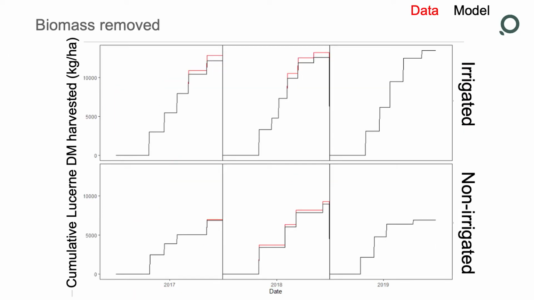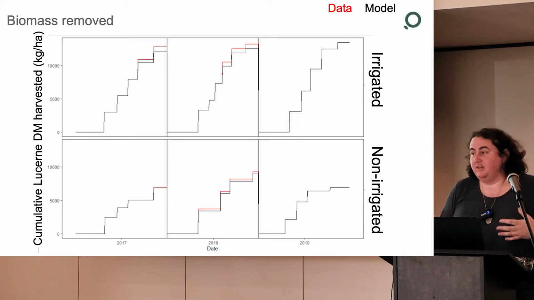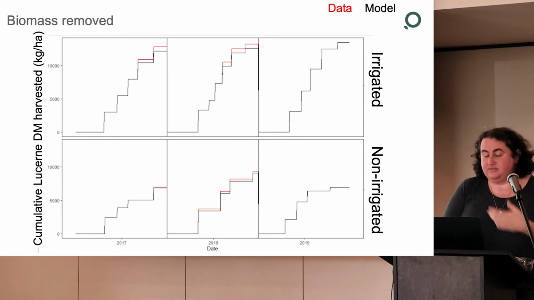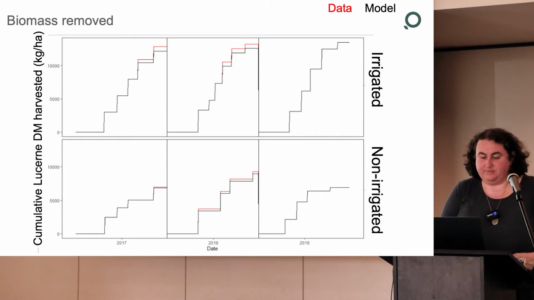In terms of biomass removed from the system, again the top panel being the irrigated and the bottom panel being non-irrigated, from 2017, 18, 19 across, cumulative dry matter harvested from the system adhered to what was observed in the field, or managed in the field.